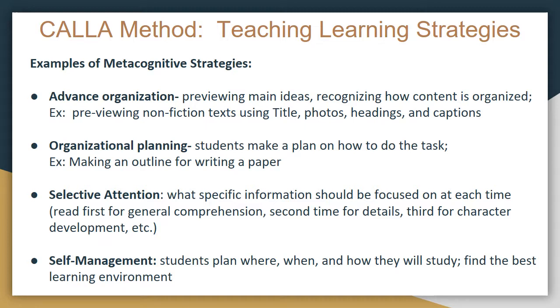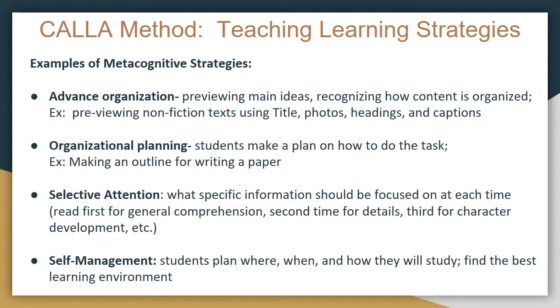Another strategy is selective attention. This is where students focus on what specific information they need to learn at each time that they look at the material. So for example, selective attention would have students read a text several times. The first time they're reading just for general comprehension to get the gist.